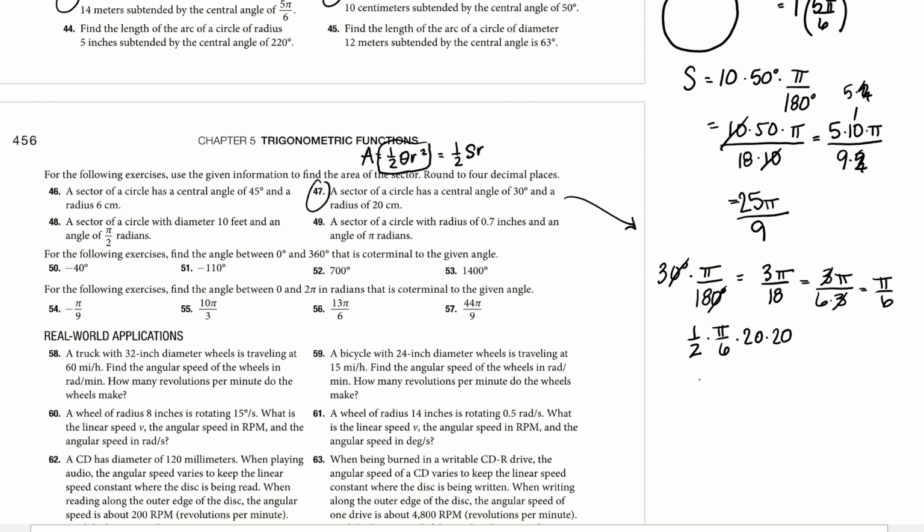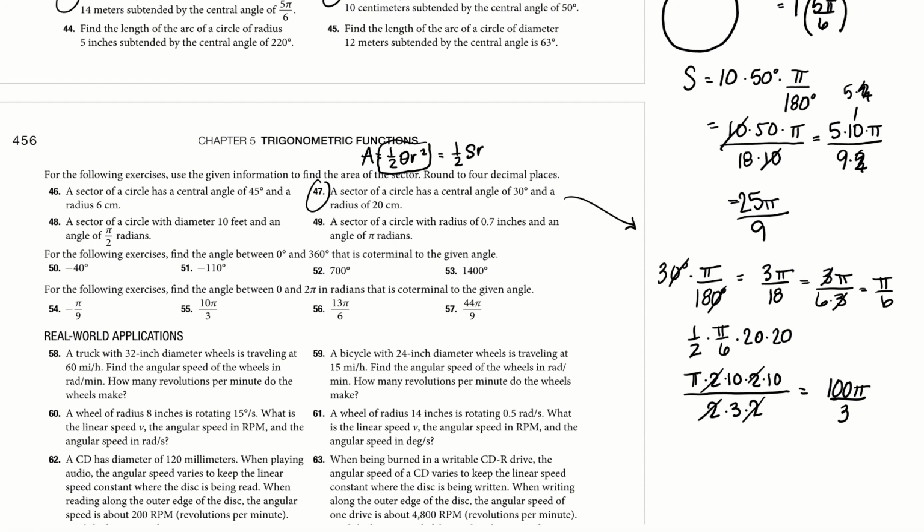So this gives us pi times 2 times 10 is 20, times 2 times 10 is 20, over 2 times 3 times 2, and that's the 2 times 6. So we're just factoring it all out because I know things are going to cancel. So that gives us 100 pi over 3. That is the area of the sector.